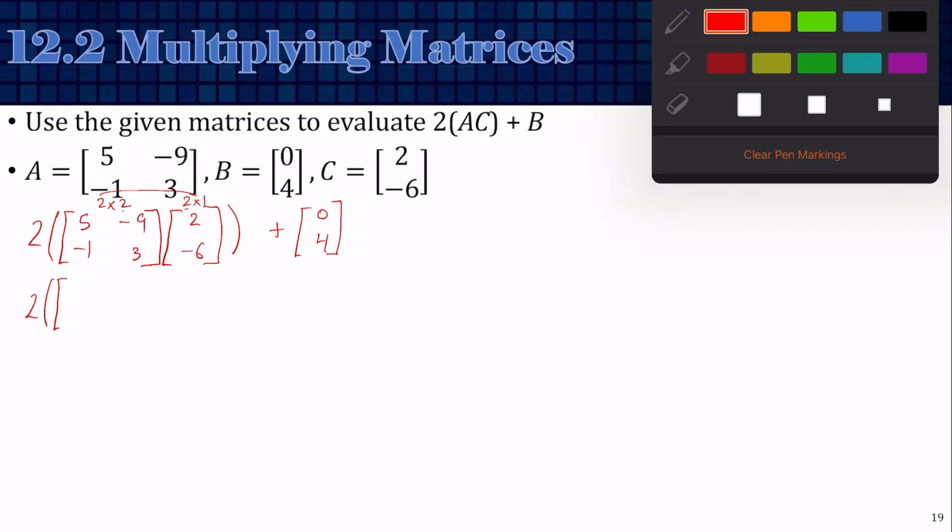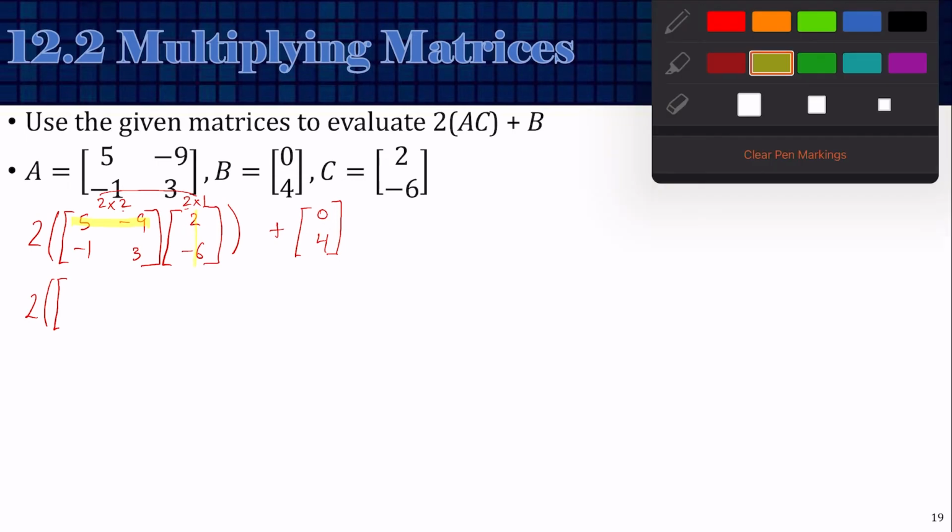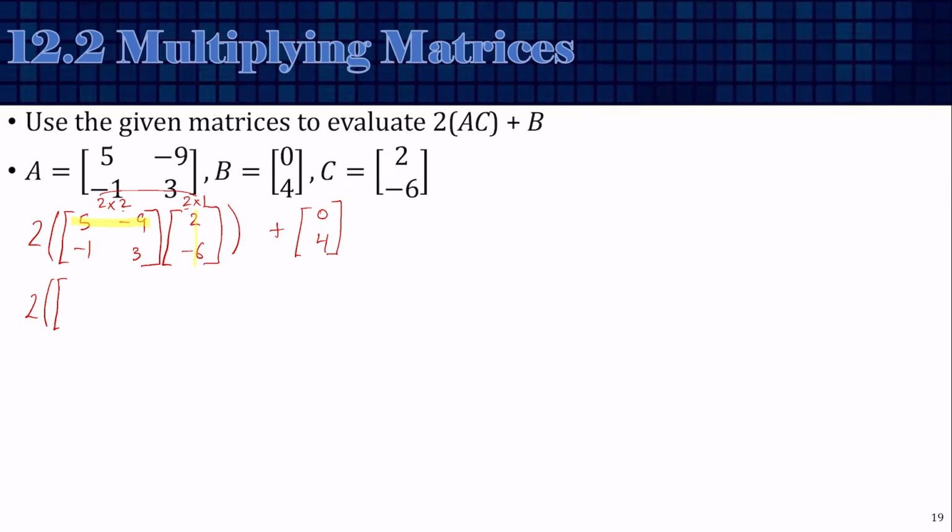So let's multiply the first row, first column. So I'll have 5 times 2 plus -9 times -6.